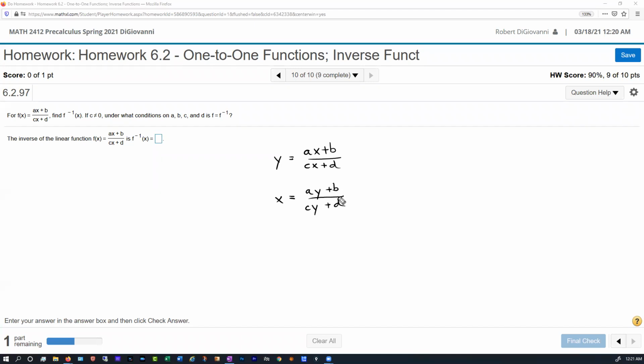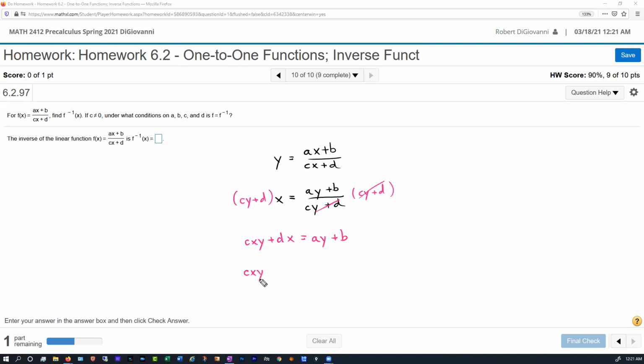And now I'm going to clear the fraction, multiply by cy plus d on the left, cy plus d on the right, cancel, cancel. On the left, we get cxy plus, let's say, dx equals ay plus b.